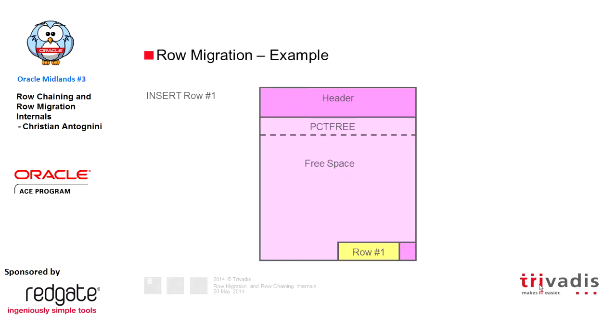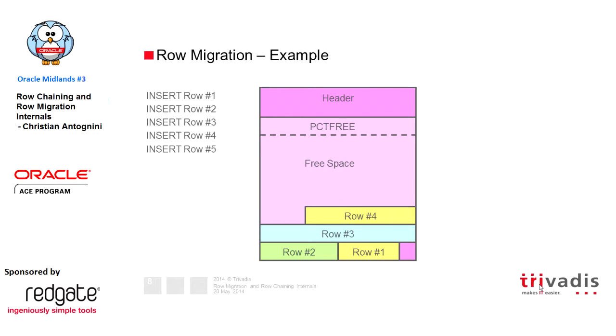Simply because if you start inserting data, the row directory that we have here has to grow. So if they started from the top, they would have to move the data every time. So the header grows from the top, and the data grows from the bottom. At some point they will hit the same point. So if you insert a few rows, we just insert data.